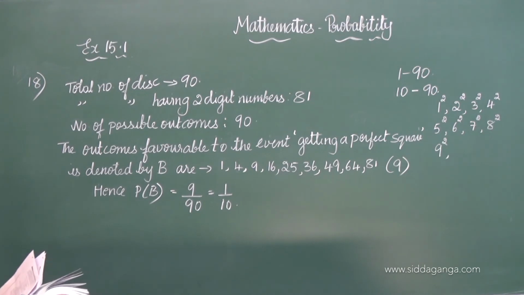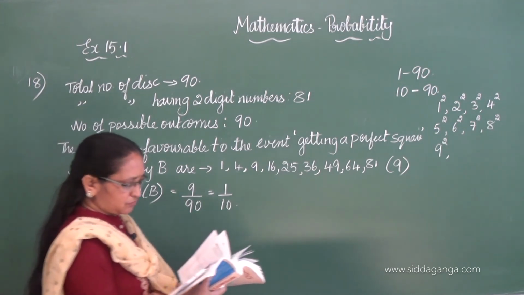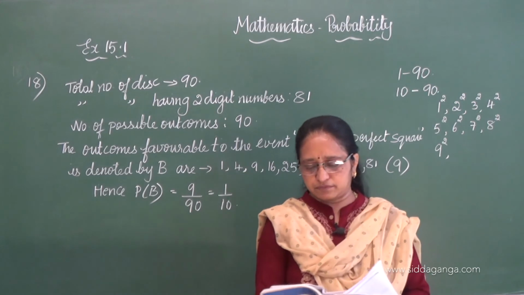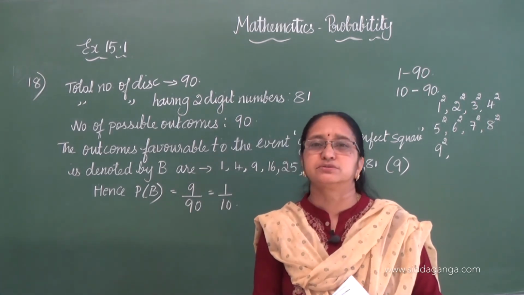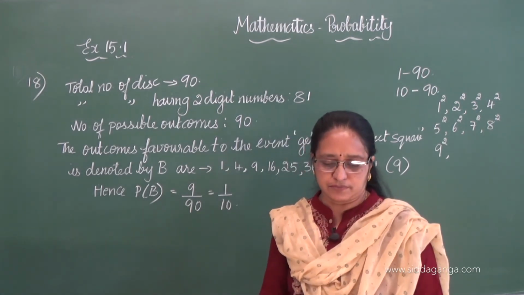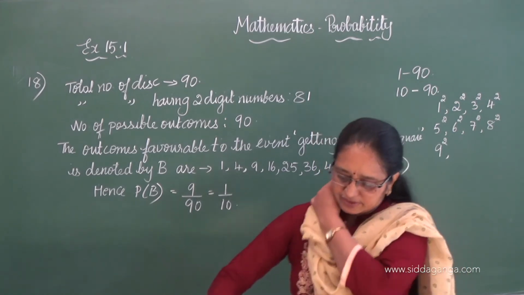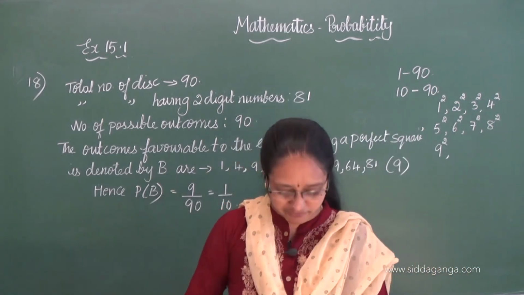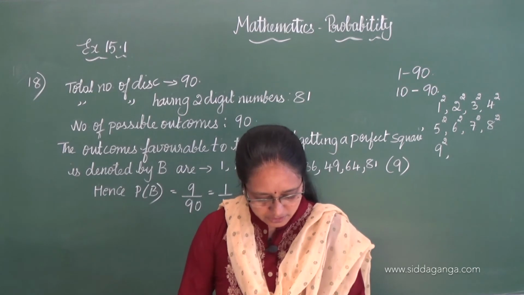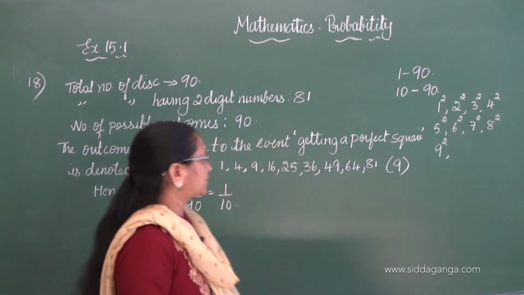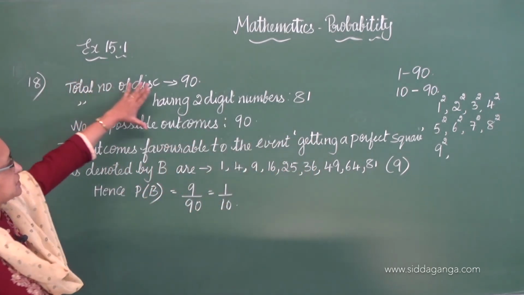Next. Now, divisible by 5. Sorry, not multiple, divisible by 5. The same way you have to see the number of numbers which are divisible by 5. Okay. Now a number which is divisible by 5. Now these 3 steps are the same.